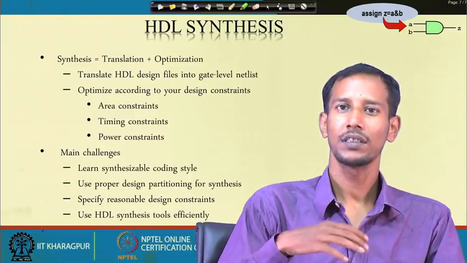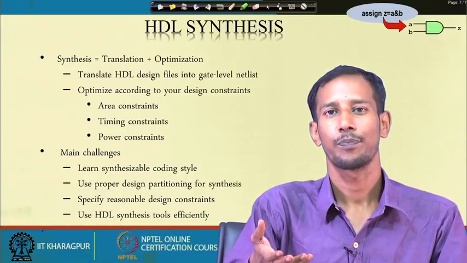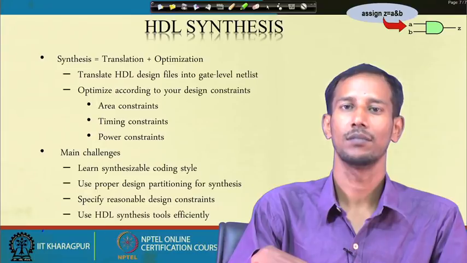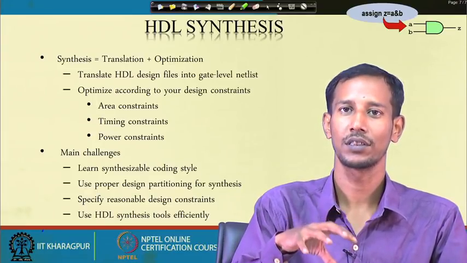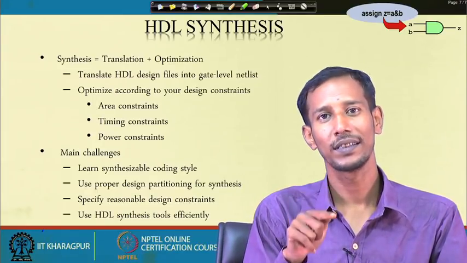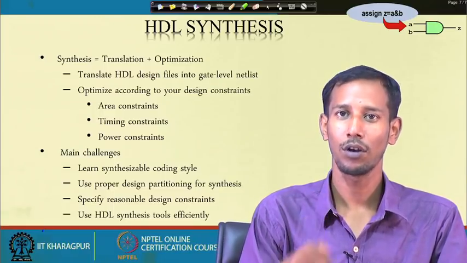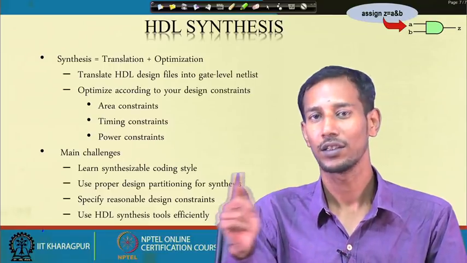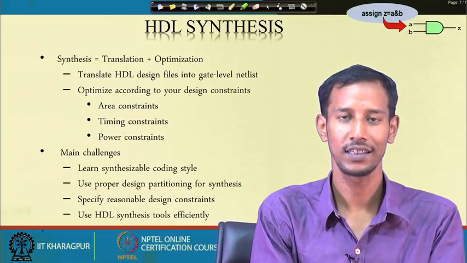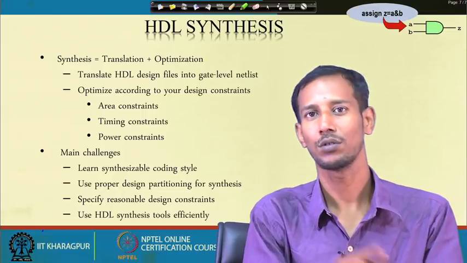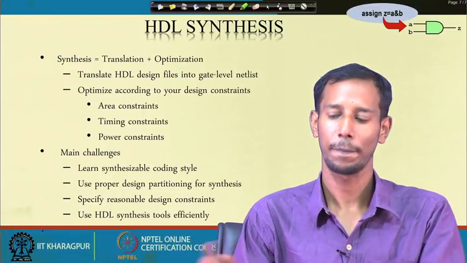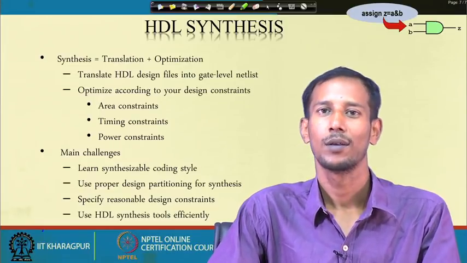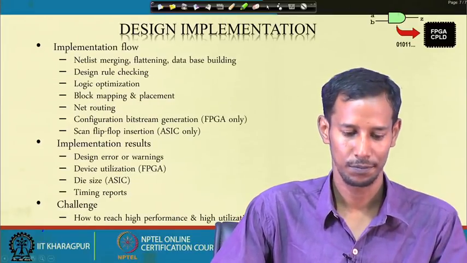Manually you do the optimization and then let the tool do more optimization on your system description. We will see this manual optimization procedure from the HDL expression or logical expression to the gate level expression, and how to do that in this particular course.